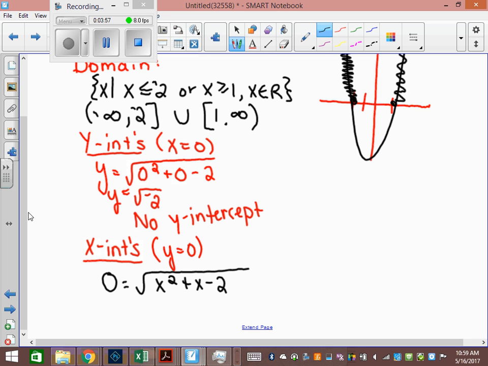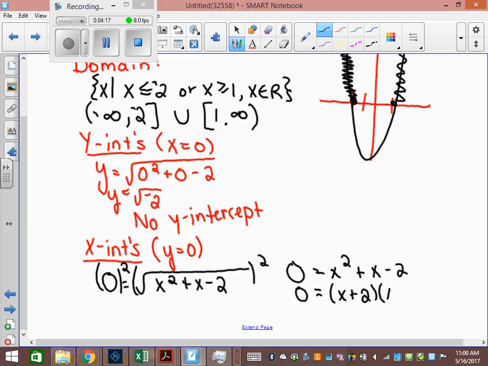It's not always the case, but in this case. How do we get rid of the square root sign, which we have to get rid of right away? Square it. And when we square 0, it stays 0. So it's 0 equals x squared plus x minus 2, which we've already factored. X plus 2, x minus 1, and we get x-intercepts at negative 2 and 1.